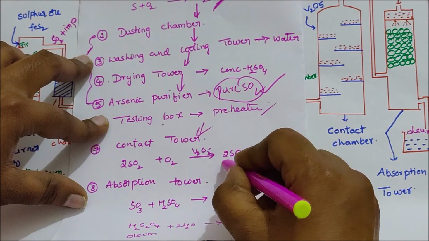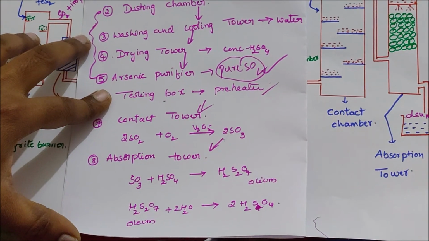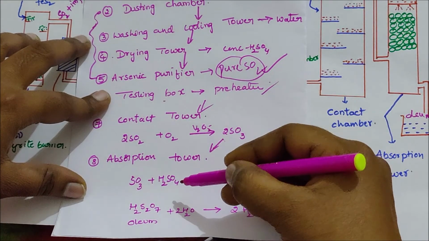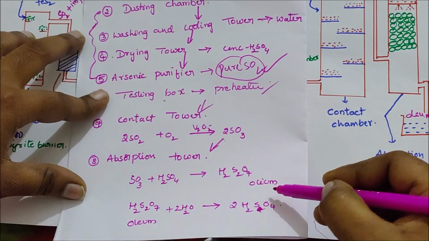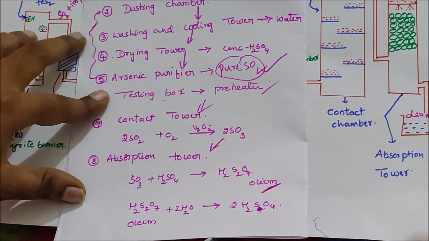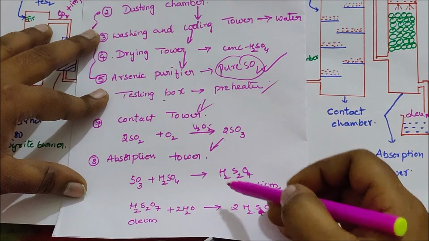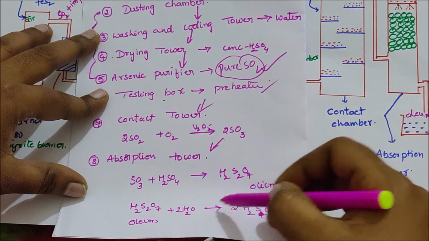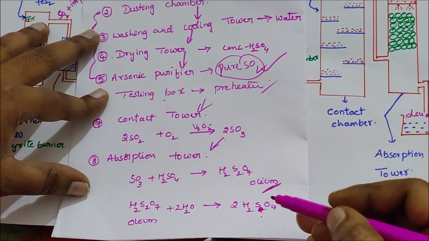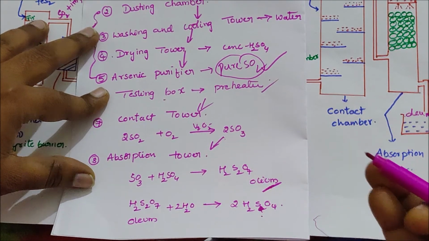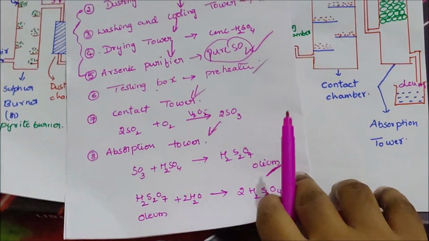This sulfur trioxide is passed through the absorption tower containing concentrated H2SO4, and oleum is formed. The oleum formula is H2S2O7. This oleum is hydrolysed to give 98% sulfuric acid. This is the contact process.